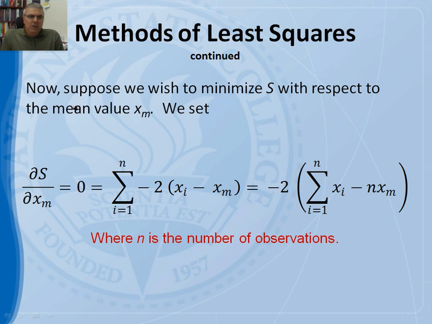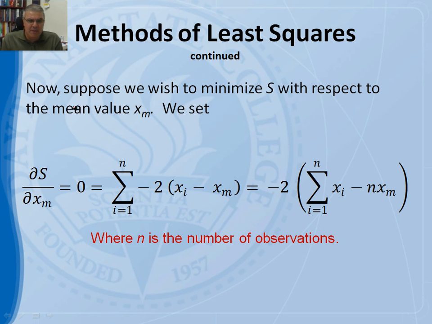Then if we wish to minimize the standard deviation with respect to the mean value x of m, we need to differentiate, and we are going to differentiate with respect to x of m because we need to minimize it with respect to x of m.